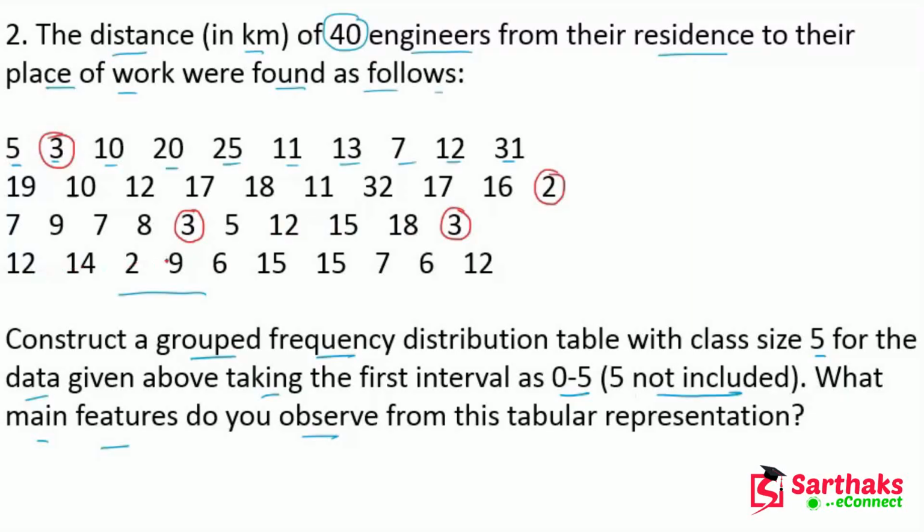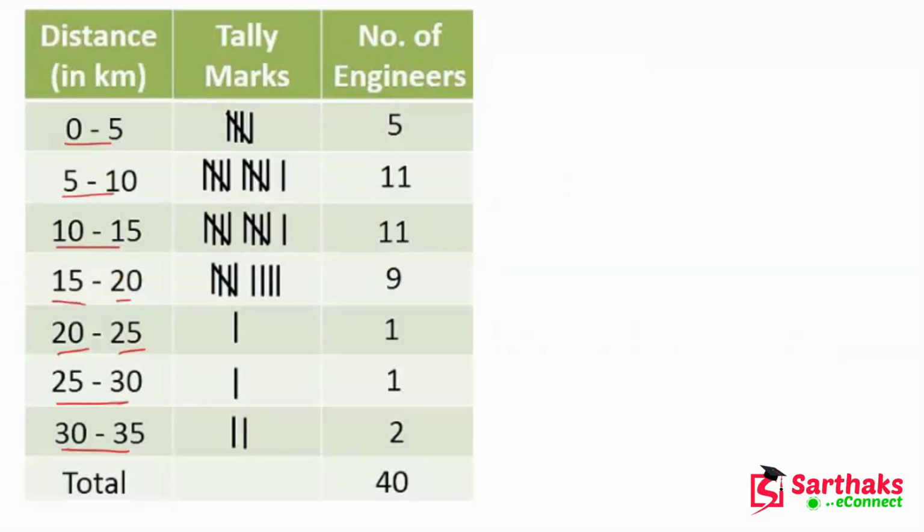So 1, 2, 3, 4, 5. It means there are 5 engineers having the distance in the range of 0 to 5.